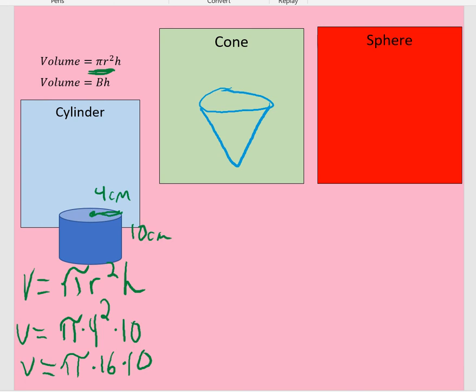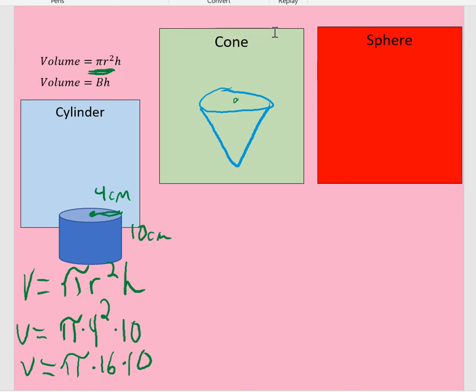So the formula for the volume of a cone is the exact same formula, except, as y'all are going to see when we try this on a later date, if you have a cone and a cylinder that have the exact same radius, let's say 4, and the height is 10, you would see that the cone is 3 times smaller than the cylinder, or you could say that the cylinder is 3 times bigger than the cone.